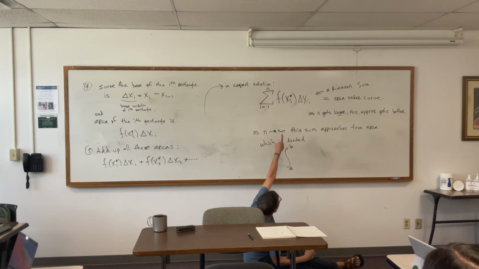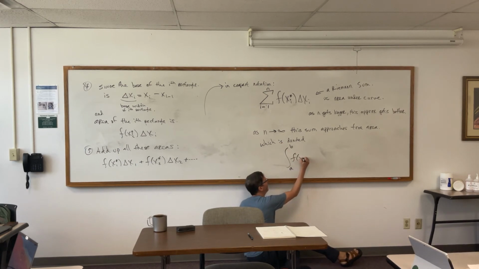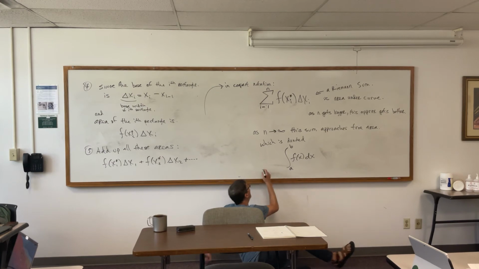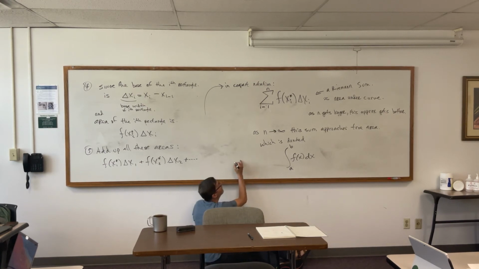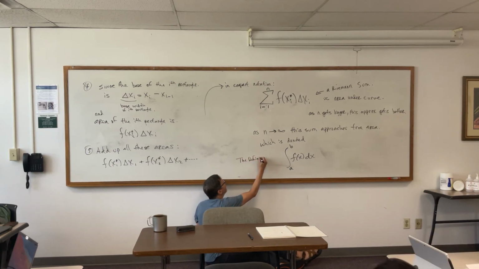The f of x of i star just becomes something much less intimidating, just f of x. And the delta x becomes dx. So this is called the definite integral, the definite integral of f of x from a to b.